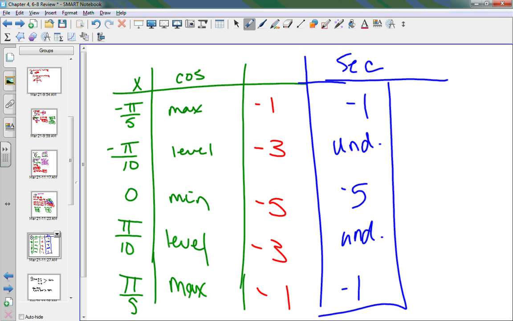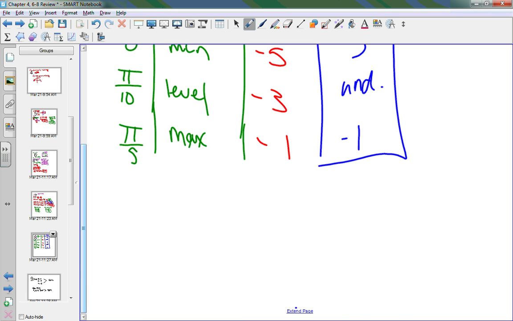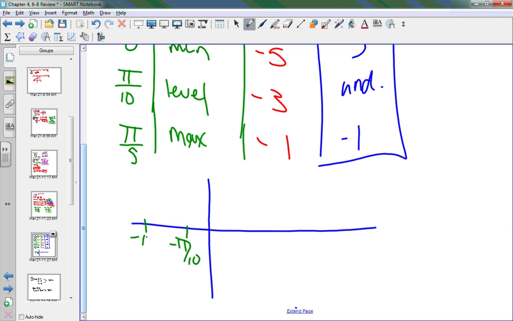Now to graph this, so what I have is something that looks like, oh no. So for undefined, use the -3 line on the graph.